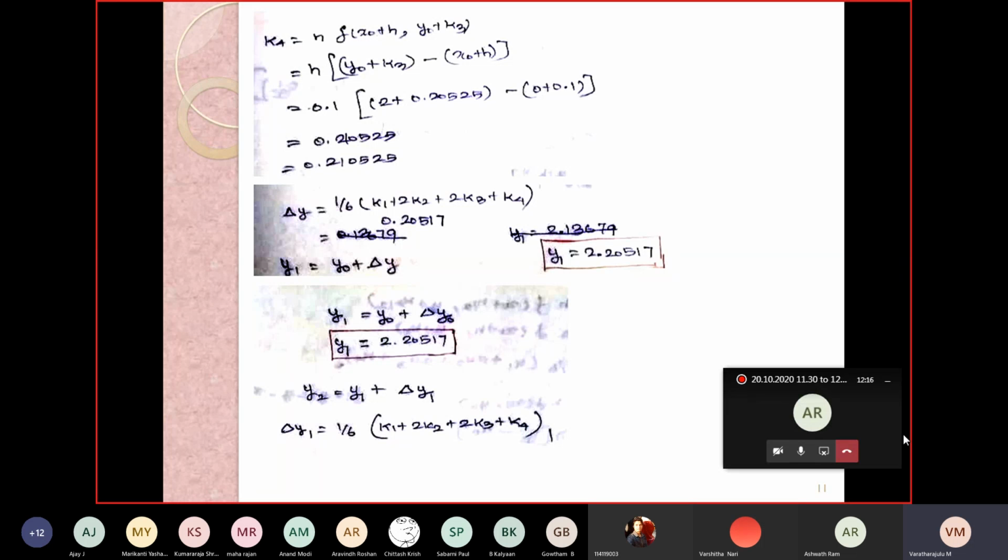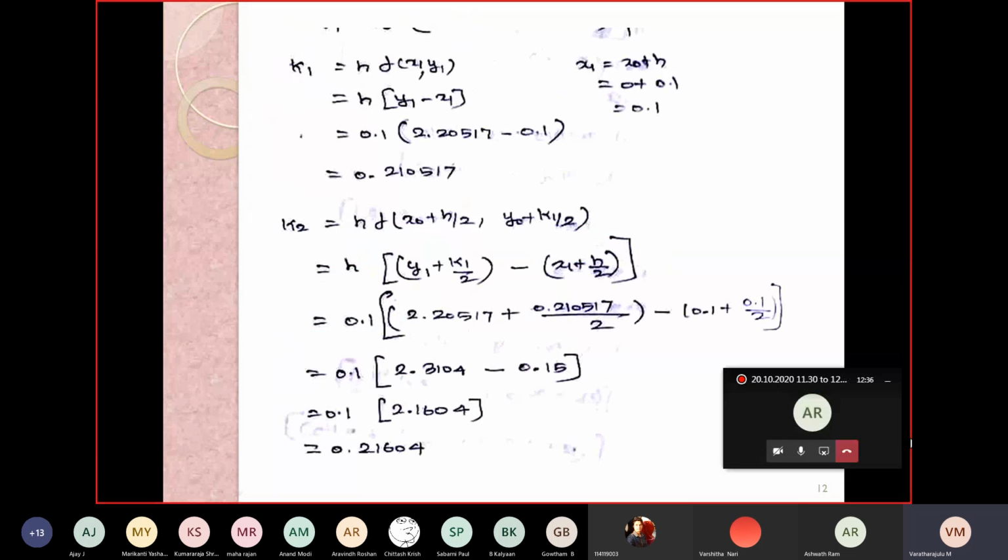And this was the result. That is, y1 is equal to 2.20517, and y2 is y1 plus delta y1. It is similar to the zeroth iteration, and we need to move further now to find the y2 value. It was the same: 1 by 6 delta y is the same, and our k1, k2, and so on. I didn't share the formula for x1.